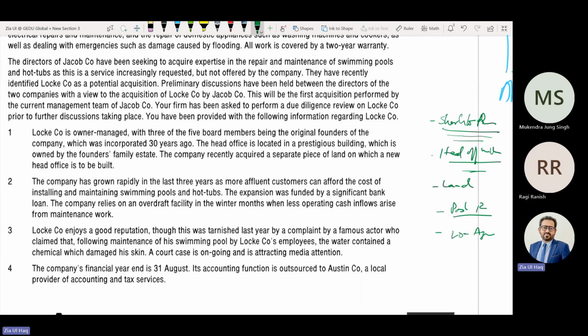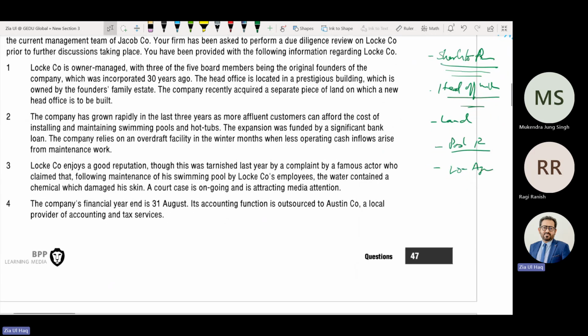The company relies on an overdraft facility in winter months. Why? Because customers use hot swimming pools in summer, not in winter. So that's why in winter there will be lesser revenue and the company relies on overdraft, when less operating cash inflows arise from maintenance work.